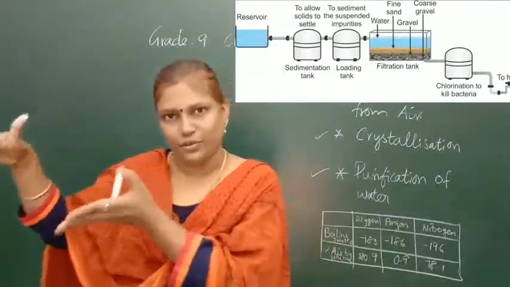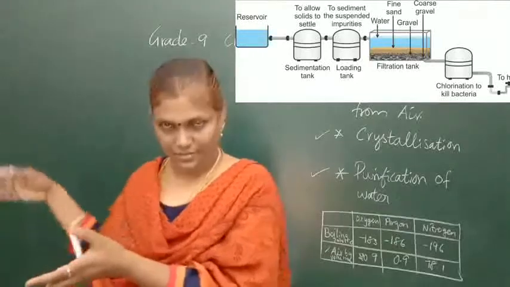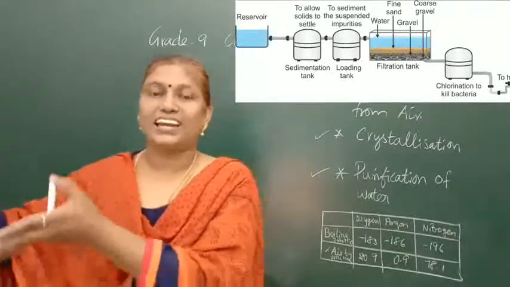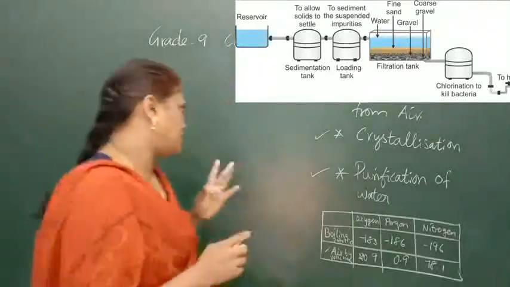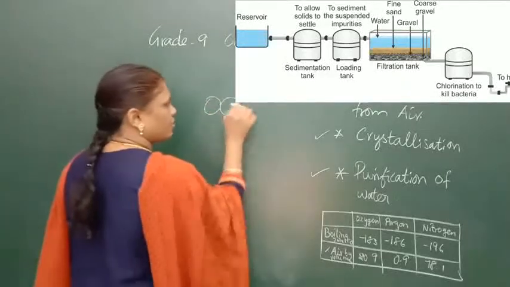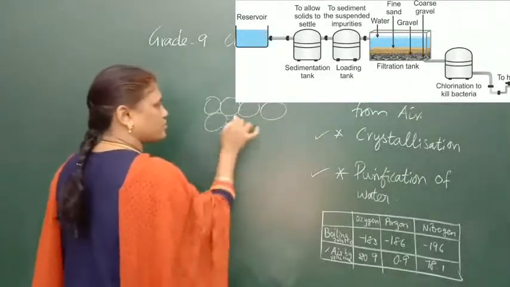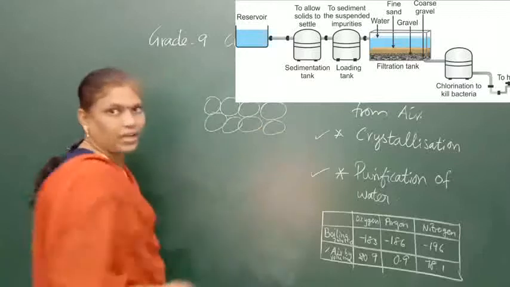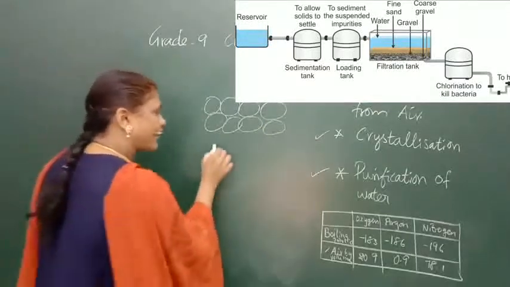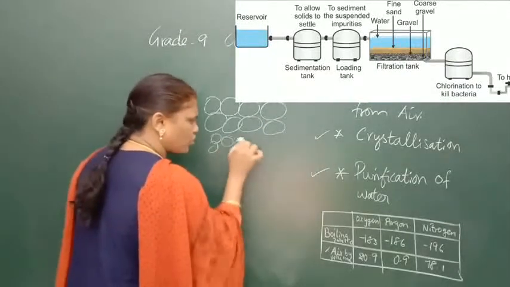The water flows from the reservoir, from the dam, and reaches first the bigger particles of stones. After that, gravels of small size will be there.